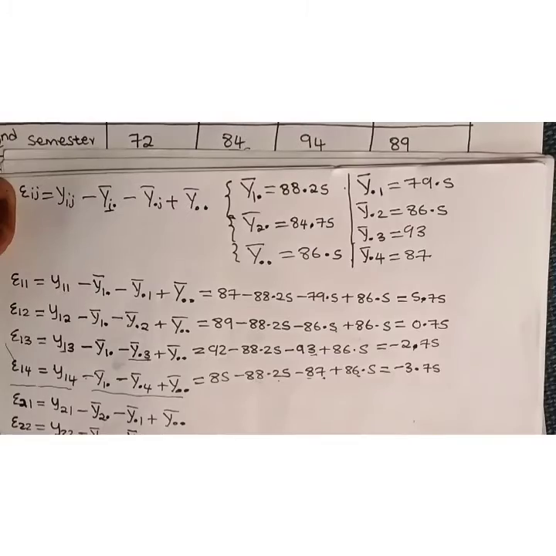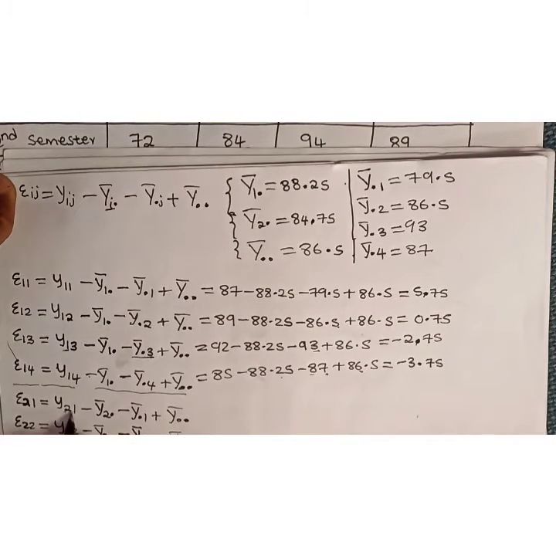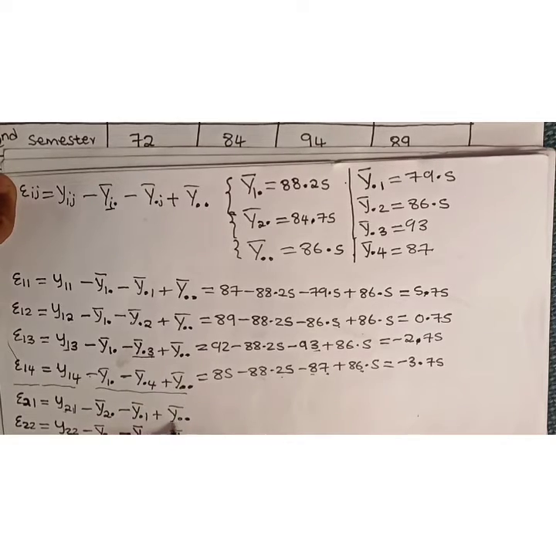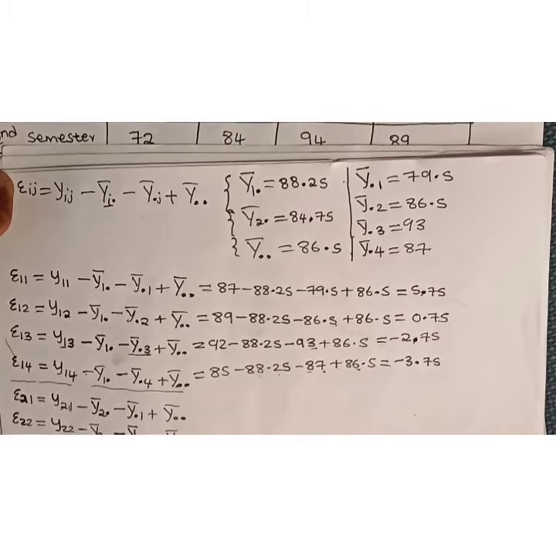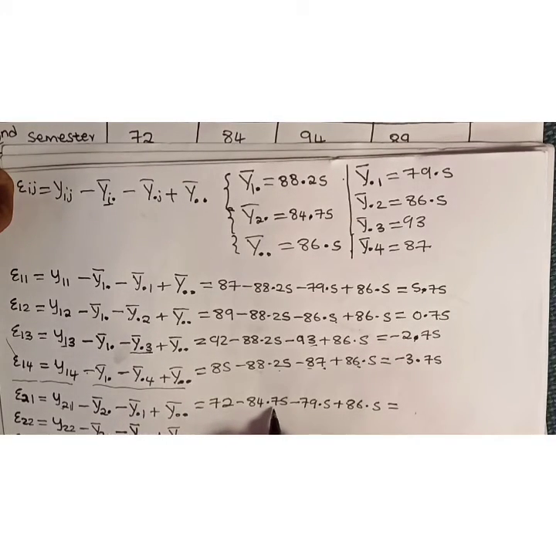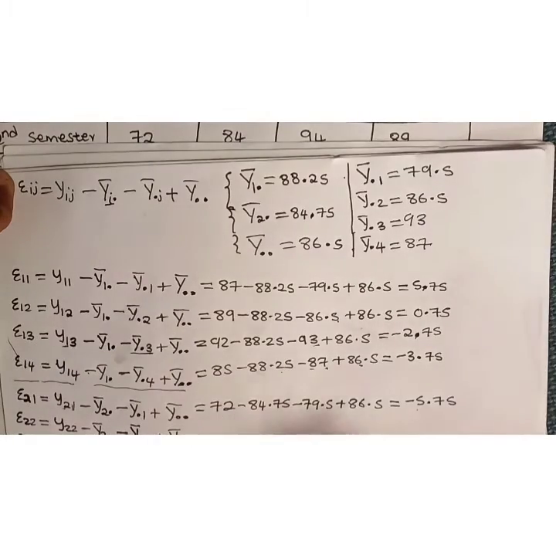Continuing further, E21 is given by the response on the second row, column 1, minus the mean of treatment 2 minus the mean of block 1 plus the grand mean, which is 72 minus 84.75 minus 79.5 plus 86.5, and I get negative 5.75.